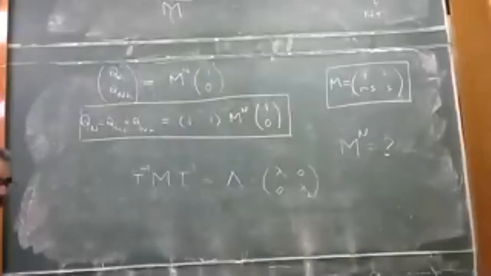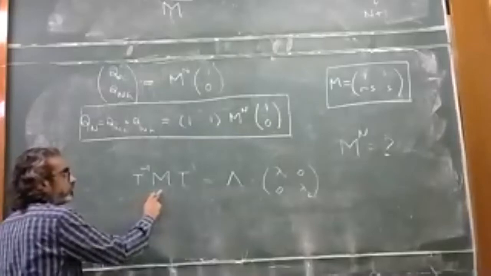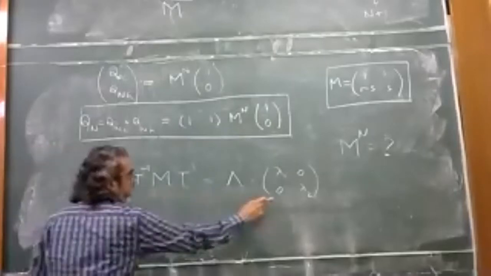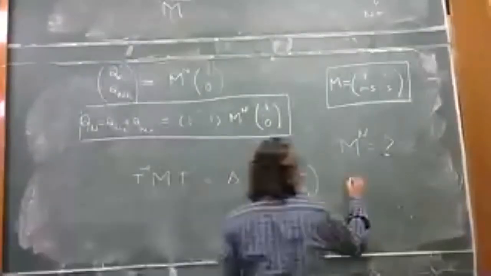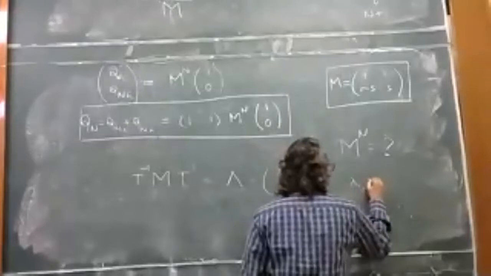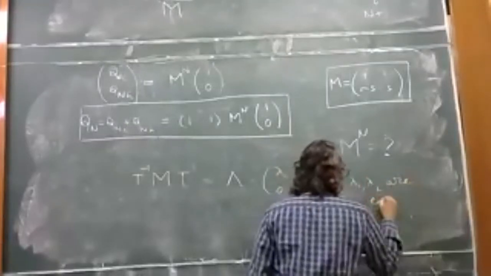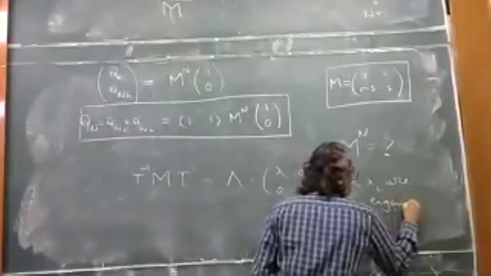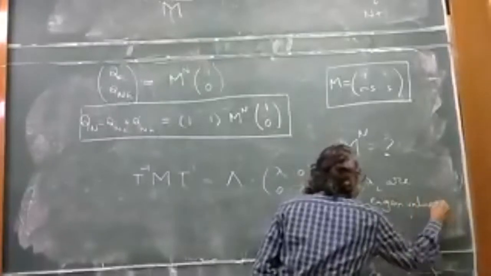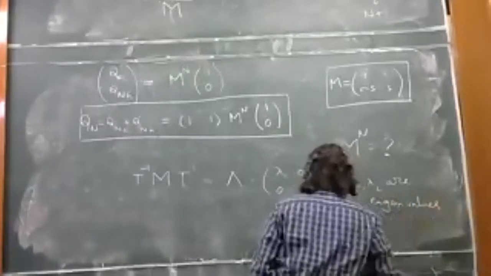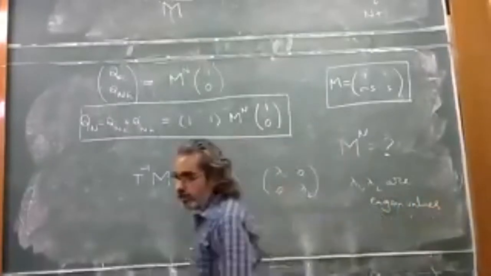So for any M, you can find T and T inverse such that you get a diagonalized matrix, and here lambda 1 and lambda 2 are called eigenvalues.